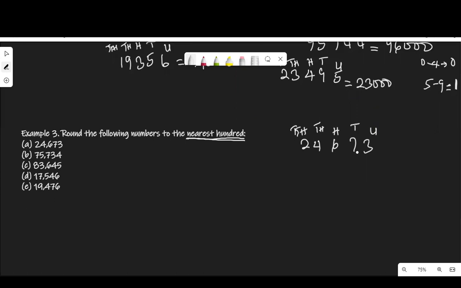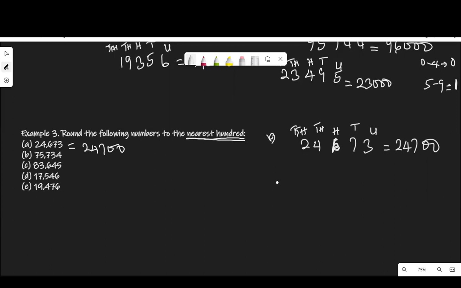The next digit to it is 7. 7 lies in this range of 5 to 9. Any number between 5 and 9 round to 1. So this 7 here, which is next to 100 position, round to 1. 1 plus 6 is 7. So this number to the nearest 100 is 24,700. That is that for A.